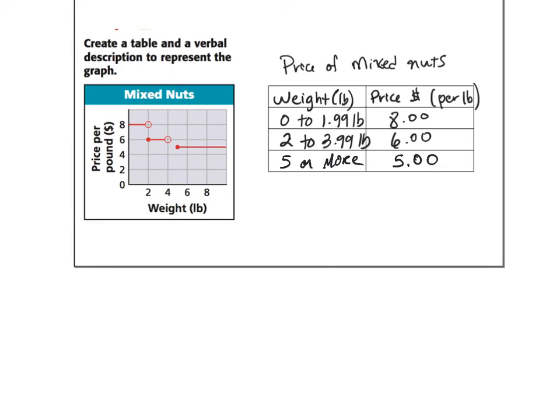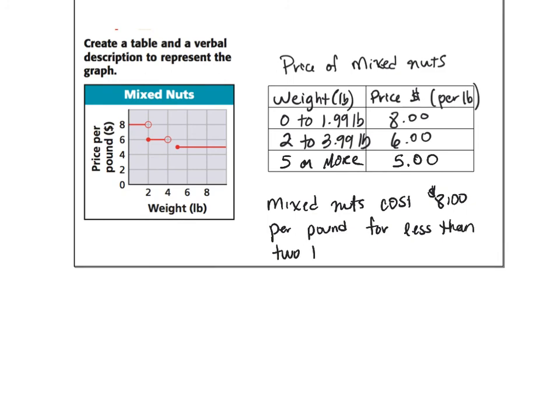So basically what I'm going to say is just that the mixed nuts cost $8 a pound, and to say per pound, for less than 2 pounds, $6 for 2 to, I'm just going to say 5 pounds.